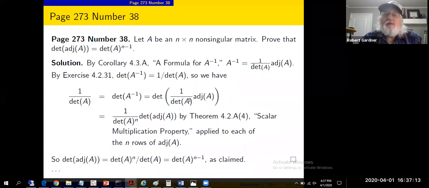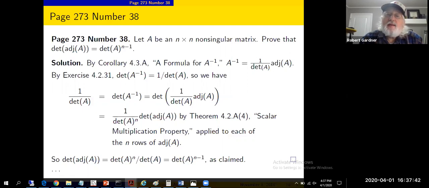But anyhow, you've taken the first row of the adjoint of A and multiplied it by the scalar. You've taken the second row of the adjoint of A and multiplied it by the scalar. You've taken all the rows of the adjoint of A and multiplied them by the scalar 1 over determinant of A. You will recall, fingers crossed, that whenever you multiply a row of a matrix by a scalar, it affects the determinant of that matrix by a multiple of that scalar.